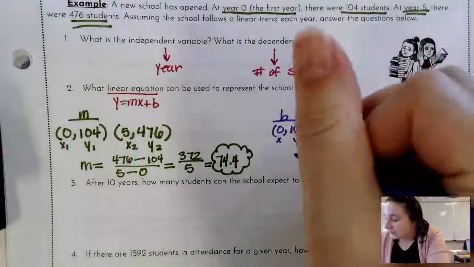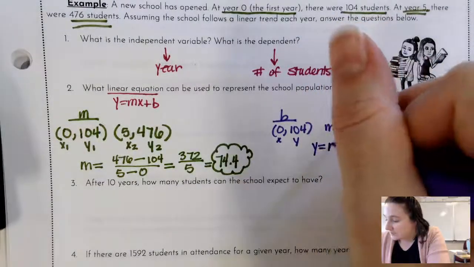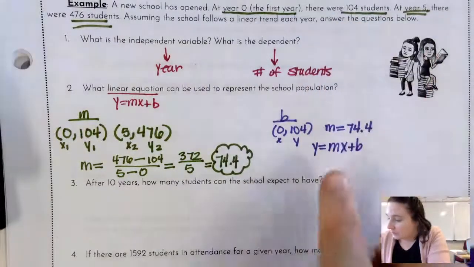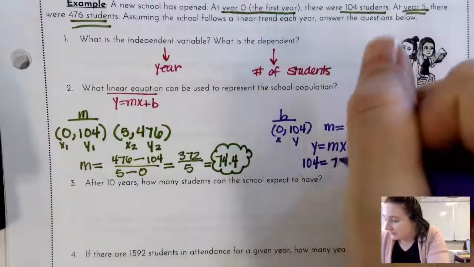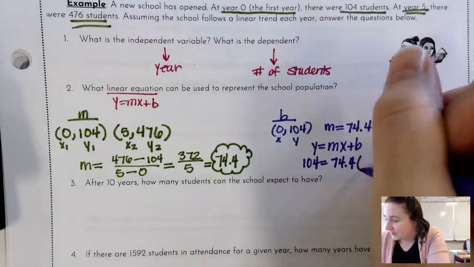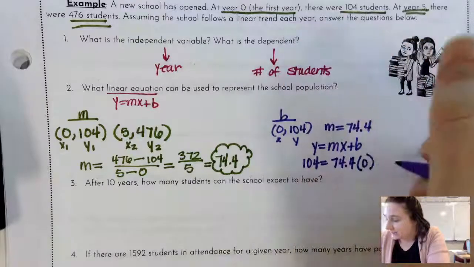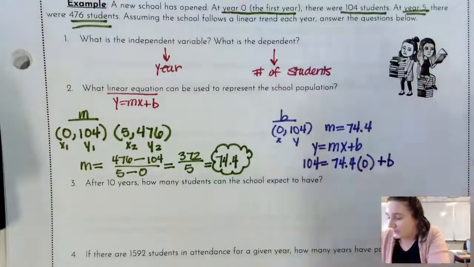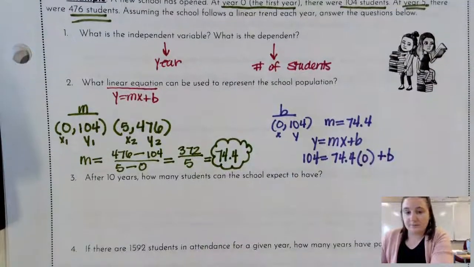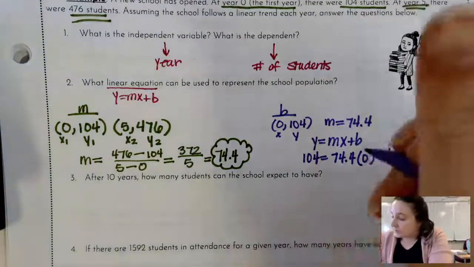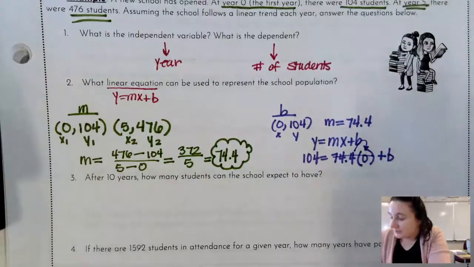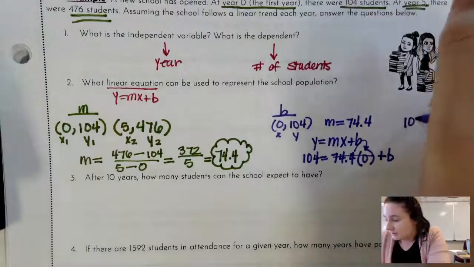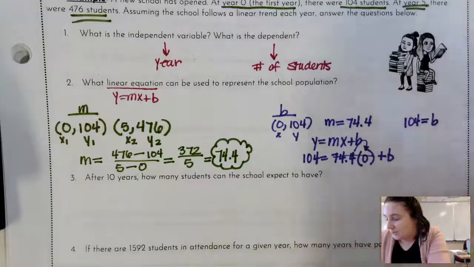So I'm going to plug those in to y equals mx plus b. Y is 104. M is 74.4. And x is 0. We don't know b. So now I can multiply, and anything times 0 is just 0. So b is 104.